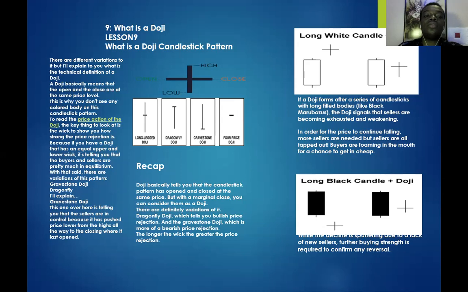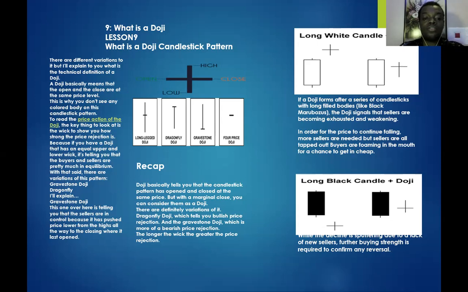A doji basically means that the open and the close are at the same price level. This is why you don't see any colored body on this candlestick pattern.